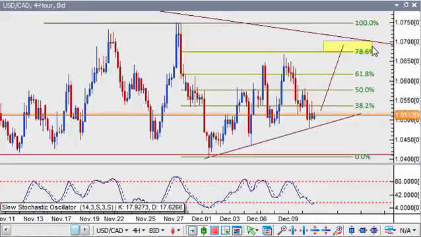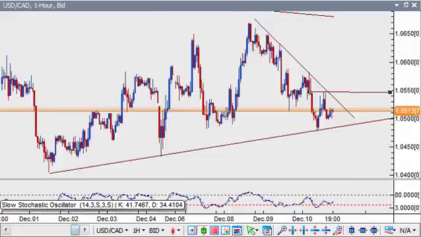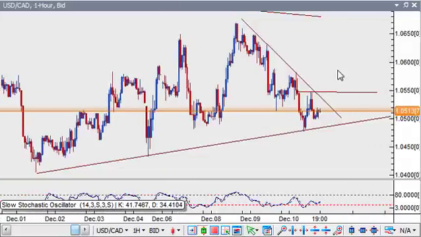So this area between 1.0650 and 1.07 is the 78.6% retracement area, and we would anticipate some resistance if the market were to rally to here. Alright, but once again, that rally would require a break of this trend line.